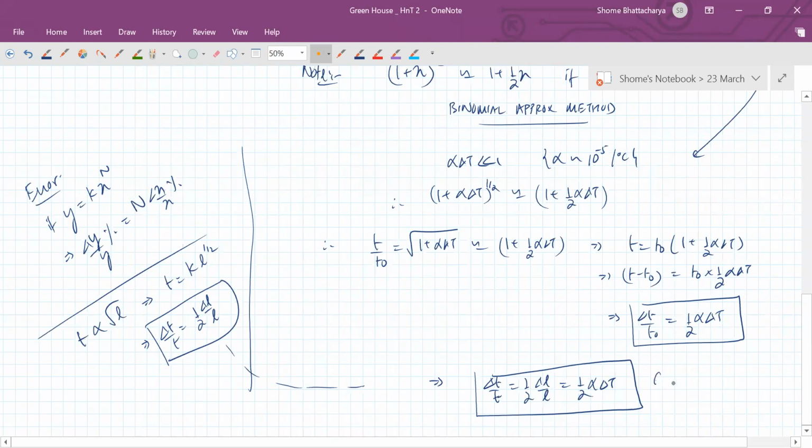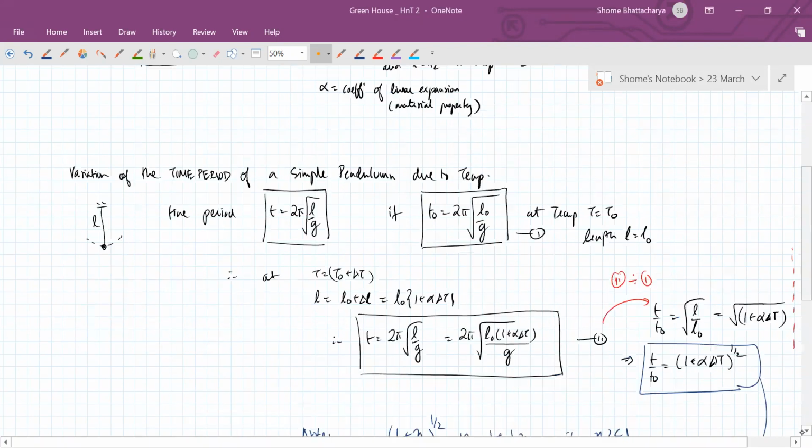Now that was specific, this is the general formula. Okay, I'll scroll up.